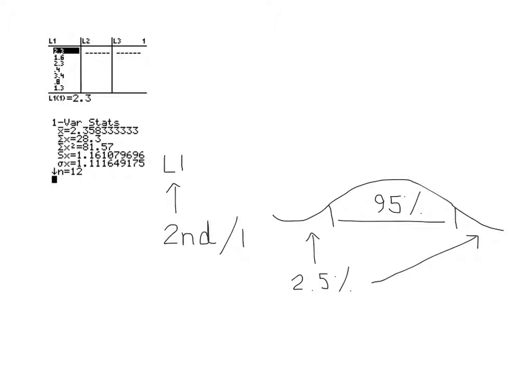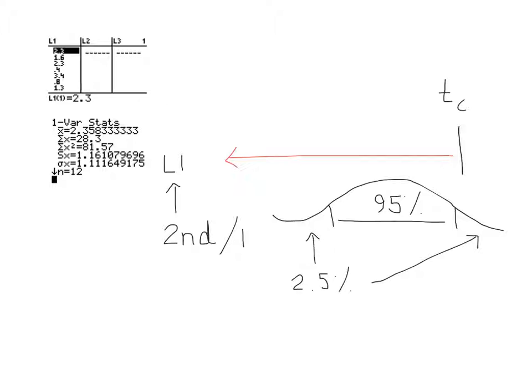So we're going to tell our calculator to find the critical value, t sub c. And to do that, we need to say, all right, give me the number of standard deviations above the mean that I need to go in order to capture the lower 97.5%.